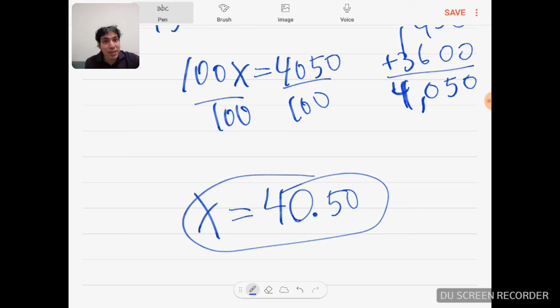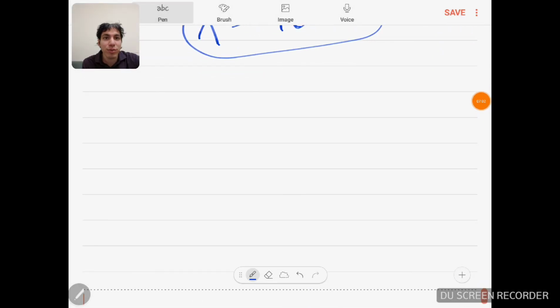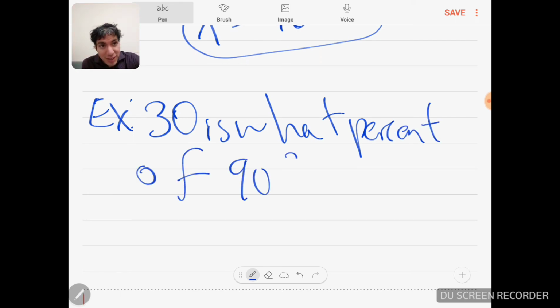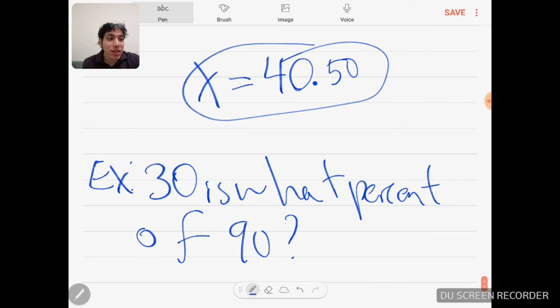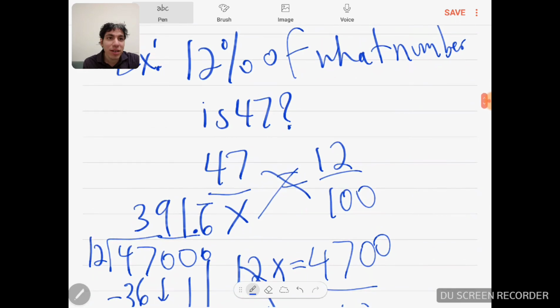Let's say I had this one. This one is slightly different from the other one. $30 is what percent of 90? If you notice in the other problems, I showed you what I don't know.